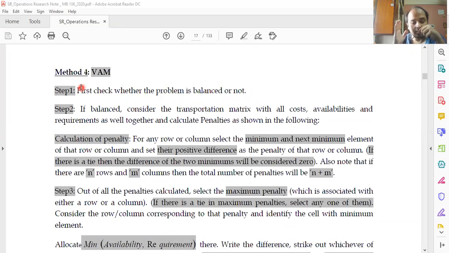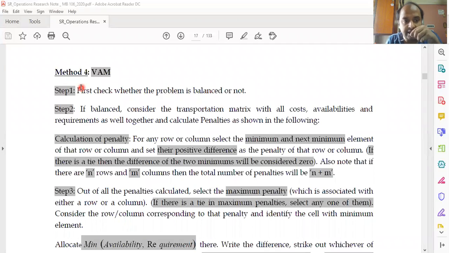Row minima and column minima are together considered as method 3 because they are similar. Whatever we do in row minima, we repeat with respect to the columns, so we don't look at these 2 methods separately. We can consider them twins, so I am considering either of these as method 3.